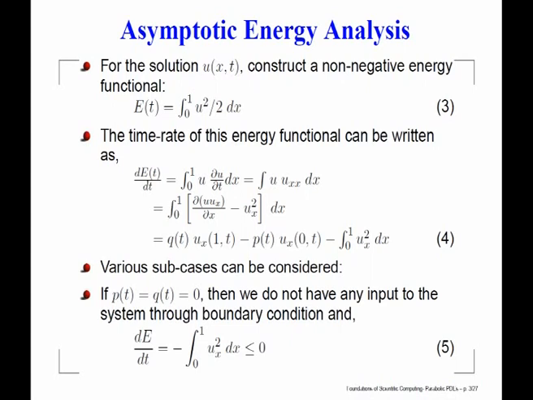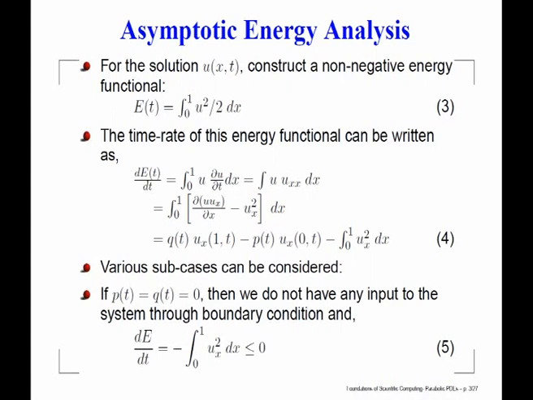If P of t and Q of t are 0, then this part is not there. Then what happens? I have dE/dt equal to minus of this, so it is a strictly negative quantity. What does it say? That if I do not do anything through the boundary, then the energy is going to decay with time. That is a very nice feature of a physical solution.